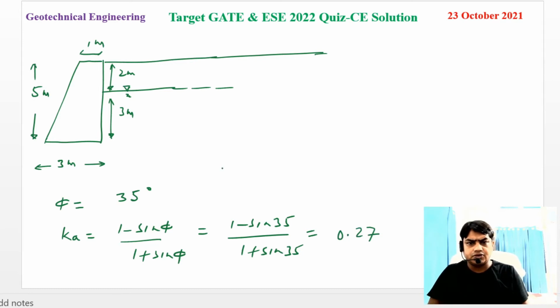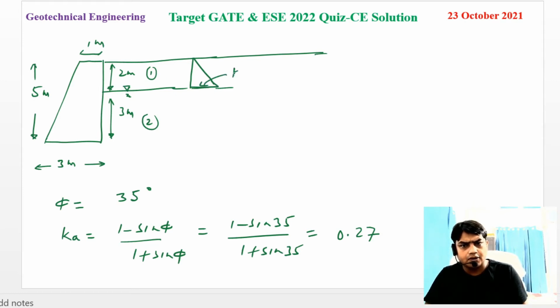If I draw the pressure diagram, let us assume this is layer 1 and this is layer 2. The pressure diagram in layer 1 is due to the dry soil, so this value will be K into gamma D into Z1. Let us assume this is Z1 and this is Z2.